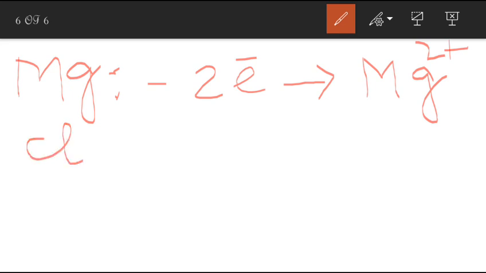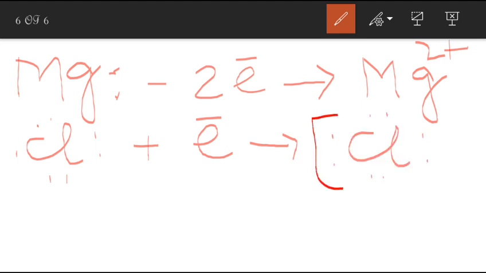Chlorine is having 7 electrons in its valence shell. It will gain how many electrons? It will gain 1 electron to get converted into Cl-. But here magnesium will lose 2 electrons and chlorine needs only 1 electron.